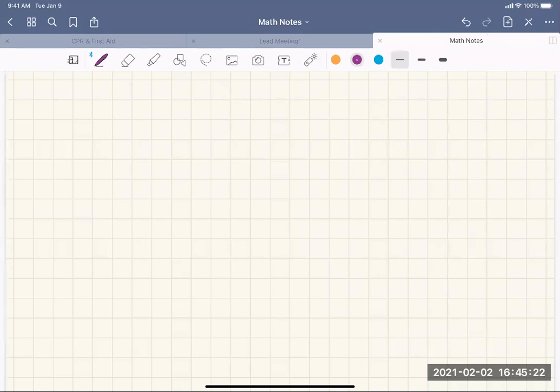Okay, so the next problem we're going to do, we're going to try to do it without using the area model. So let's work this out without using the area model. Okay, so we're going to line this up. And we want to think about breaking up our bottom number into 1s times 42 and then 10s times 42.